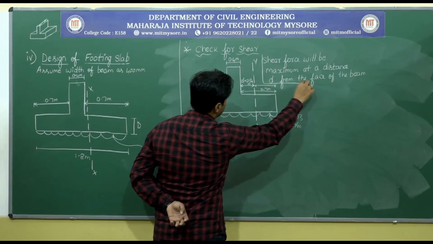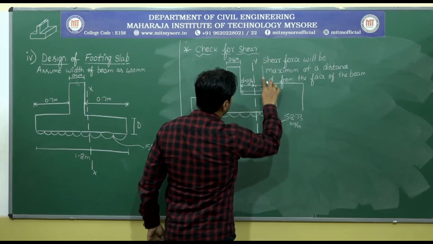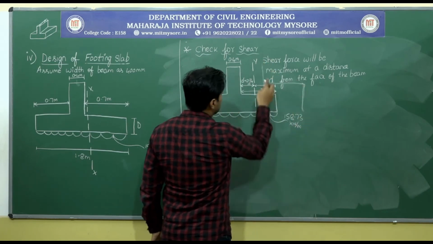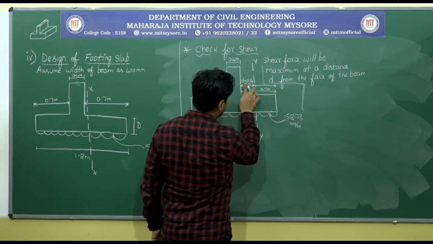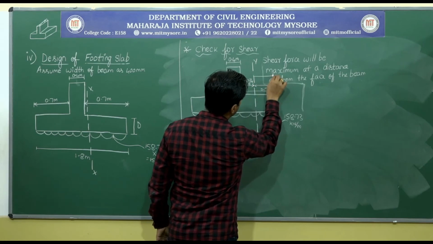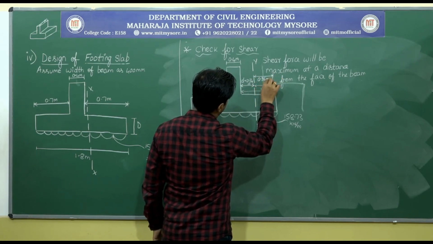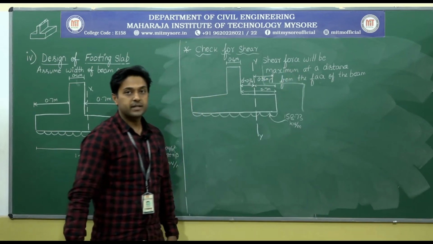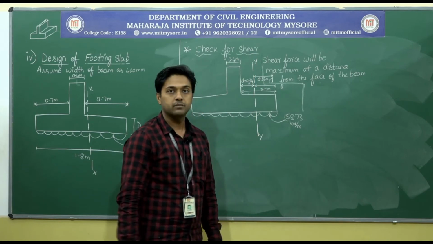From here to here, total 0.7 minus 0.34, it is 0.36 meter. So it means that the shear force is maximum about this particular section.